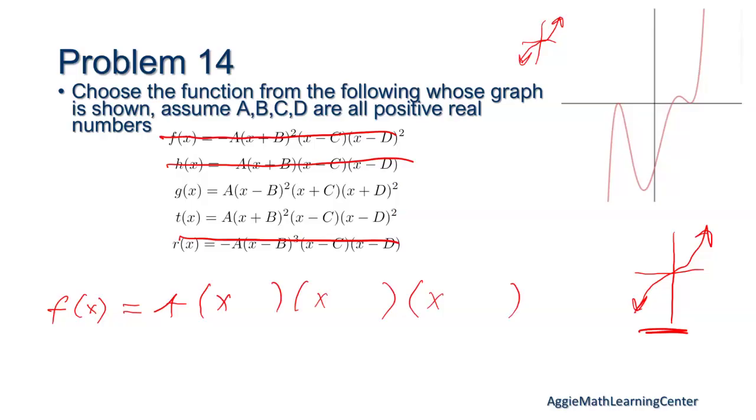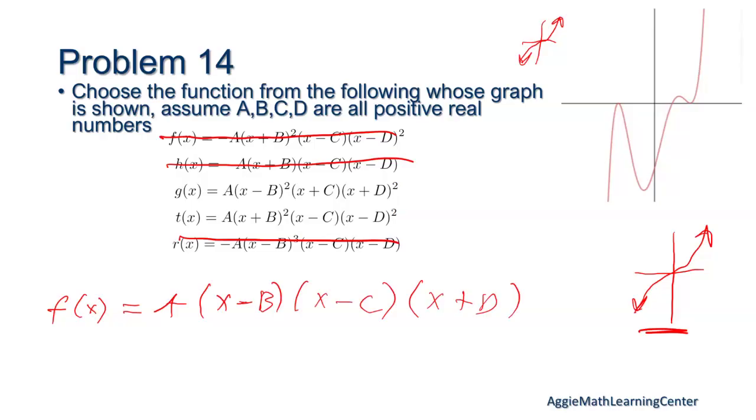We have 2 of them on the right-hand side of the graph, and so those are going to be x minus some value. You have 2 of those. And you have 1 on the left-hand side, and that's going to be x plus some value.